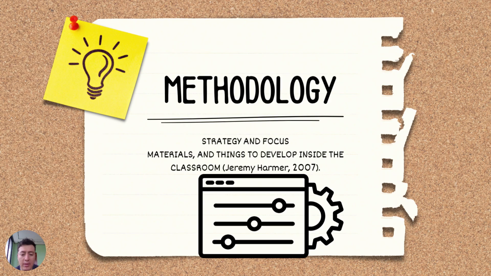We have the methodology. In this type of topic, we have the explicit way to understand the way the classroom will take inside the English topics. For example, we have different stages like maths, technology, or even chemistry.